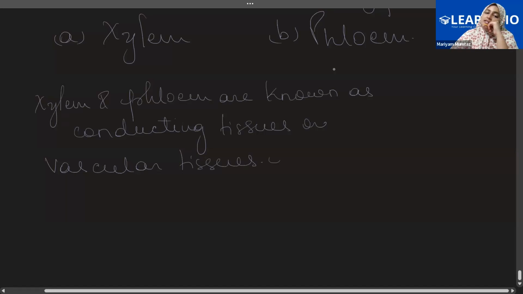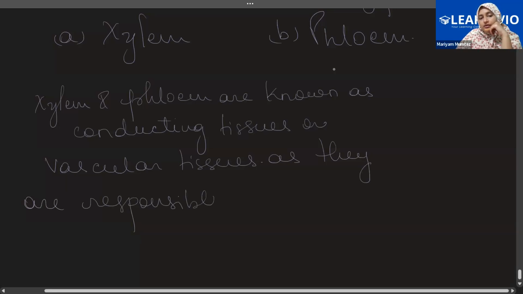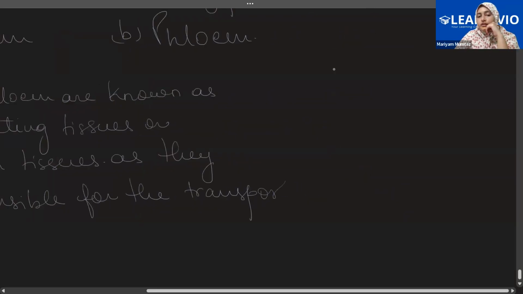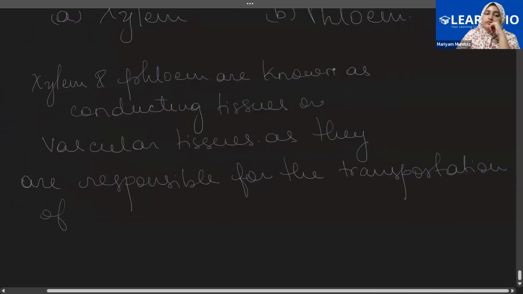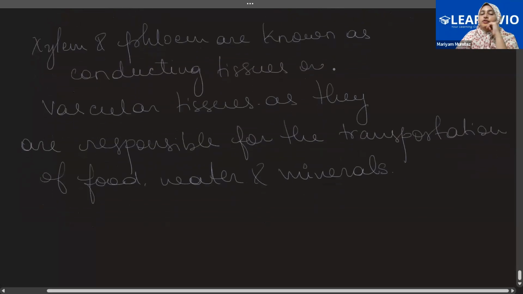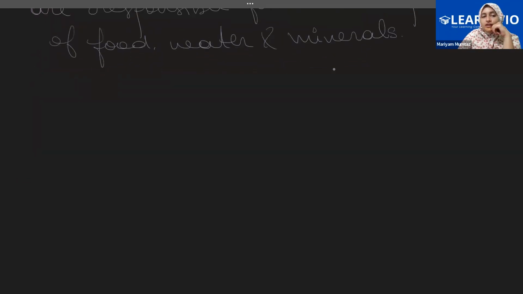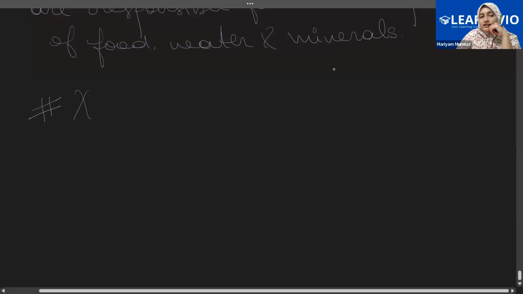As I told you, as they are responsible for the transportation of food, water, and of course minerals, that is why they are known as the conducting tissues or the vascular tissues. Now the first one that we are going to discuss in detail is the xylem.